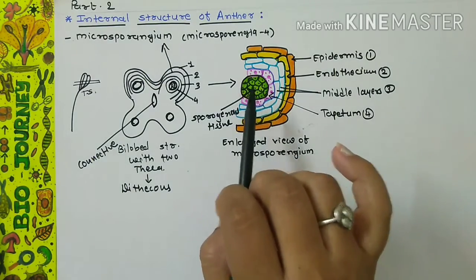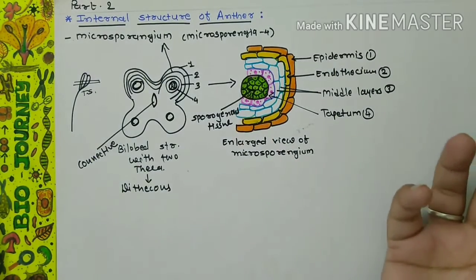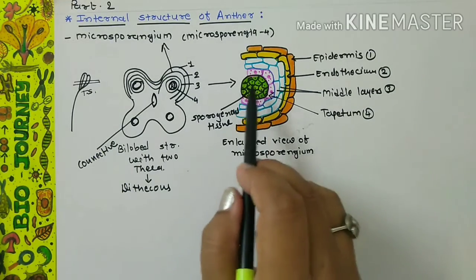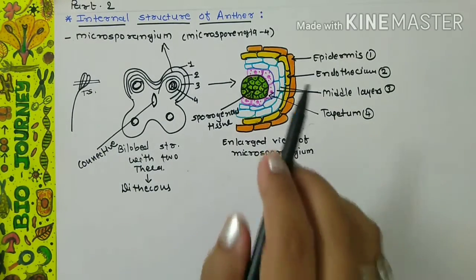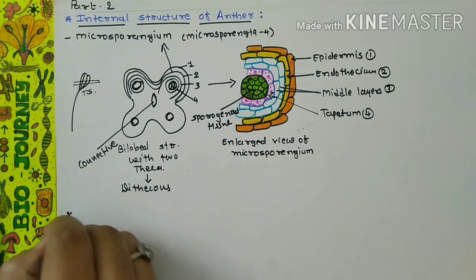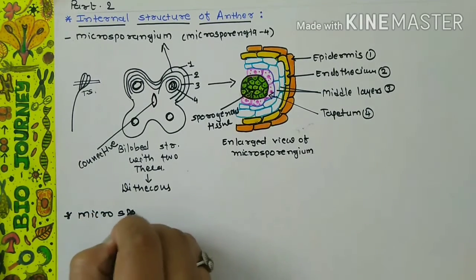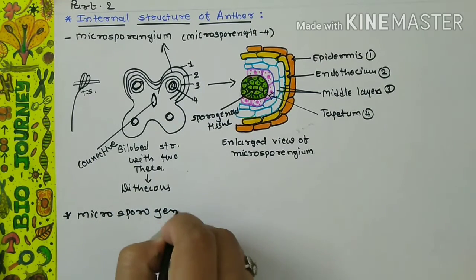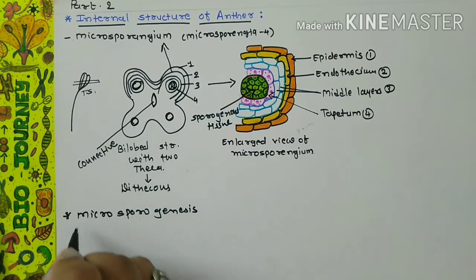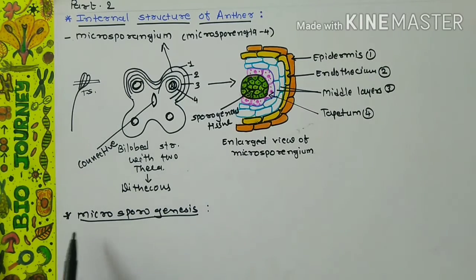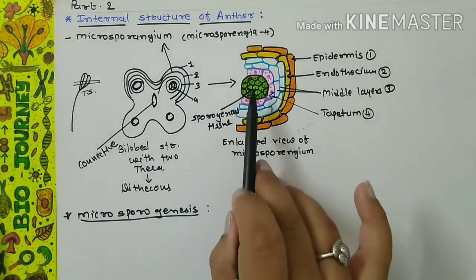Now, how does the pollen grain form in this sporogenous tissue? Such a process is known as microsporogenesis. Microsporogenesis means the formation of microspores from this sporogenous tissue.